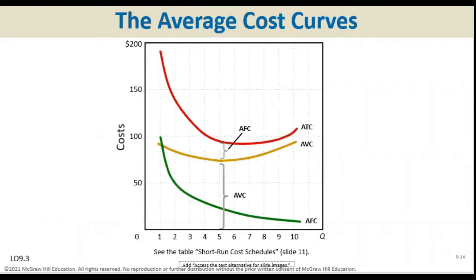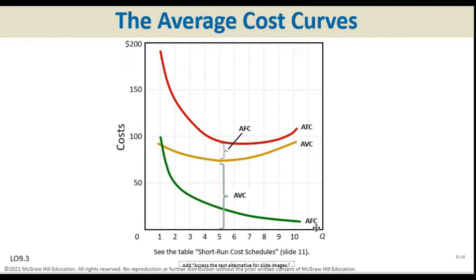So if we look at the curves of the average cost, you see that the average fixed cost will fall as we produce more output, because we will leverage the cost.